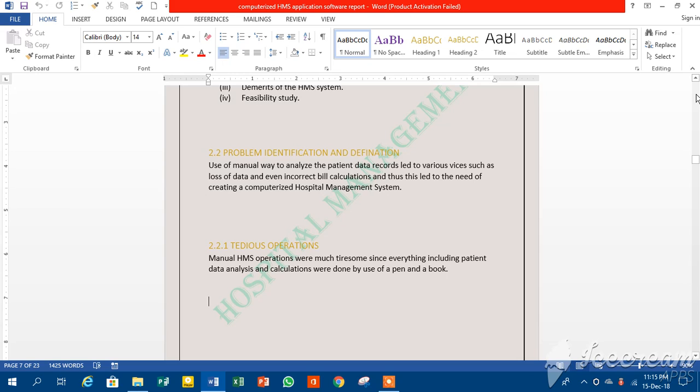The next subtopic is problem identification and definition. Now in this, we need to identify the problem and also define it.